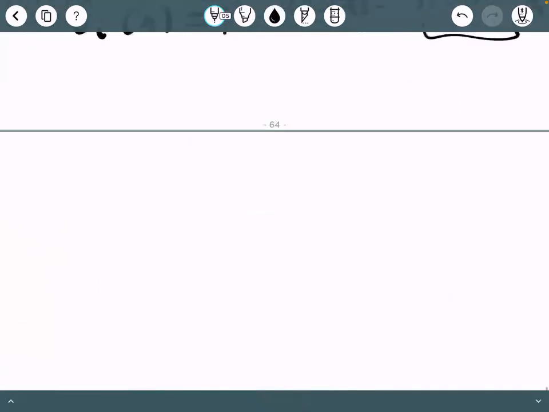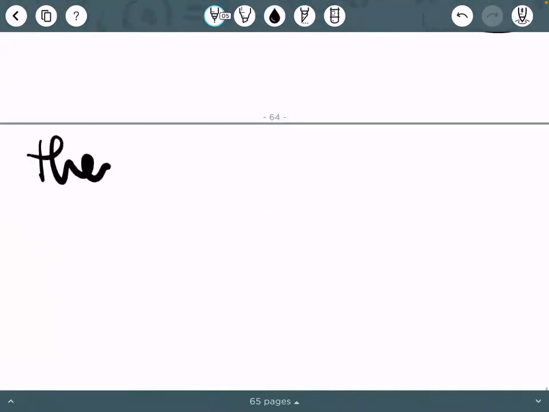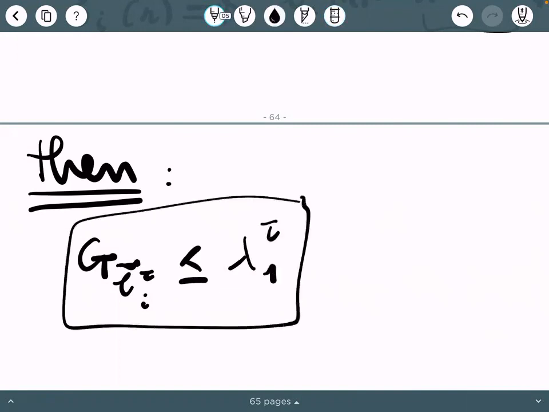Well then, and here comes the statement, G of my proxy will be lower than lambda 1, the first non-vanishing eigenmode.